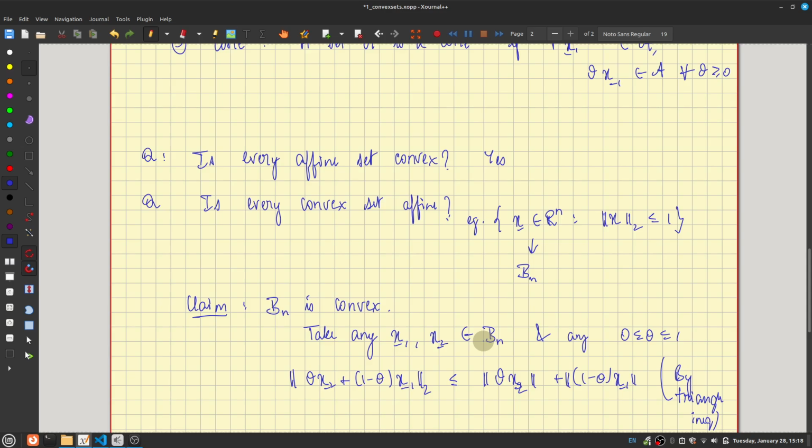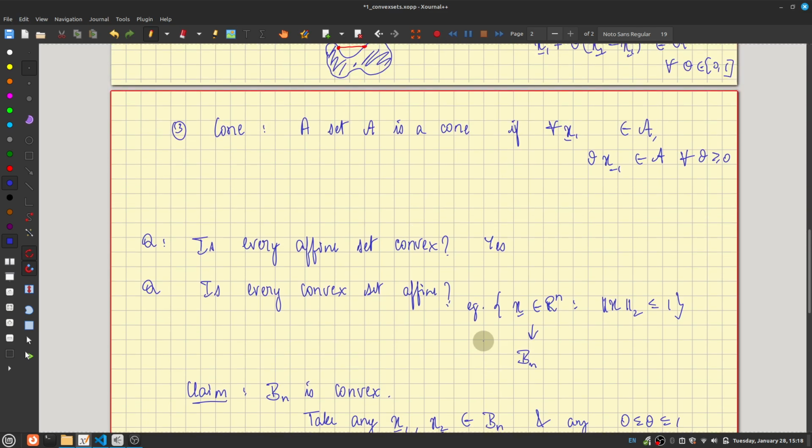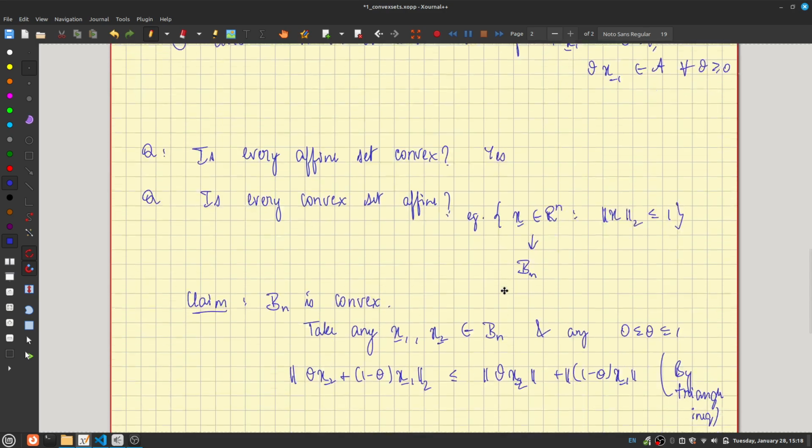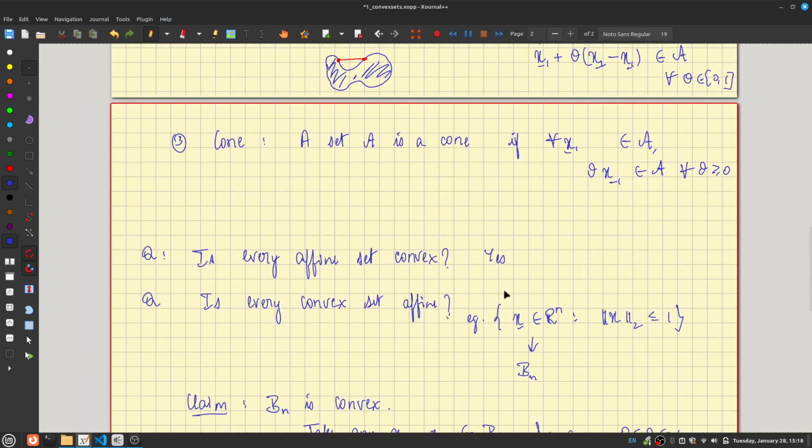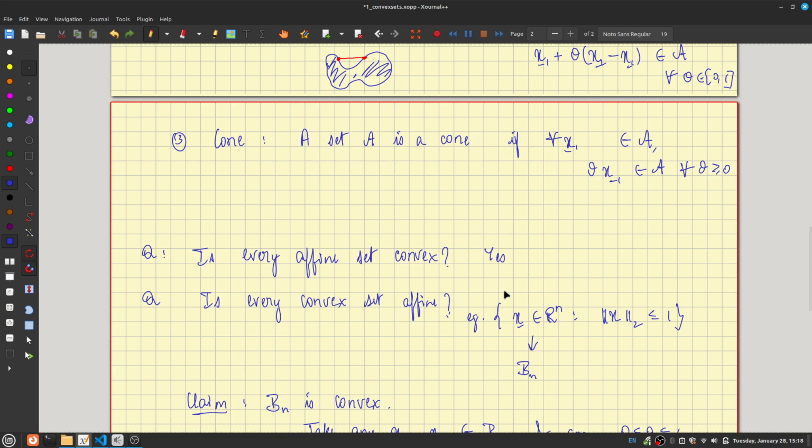So not every convex set is affine, but every affine set is convex. What can I say about cones? Is every affine set a cone? Again, we look at the definition of what a cone is very carefully.